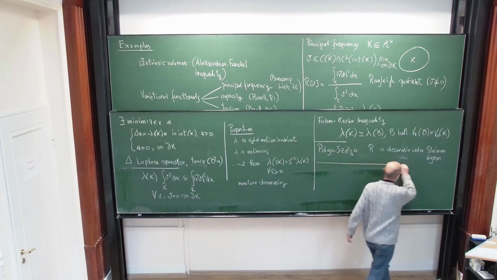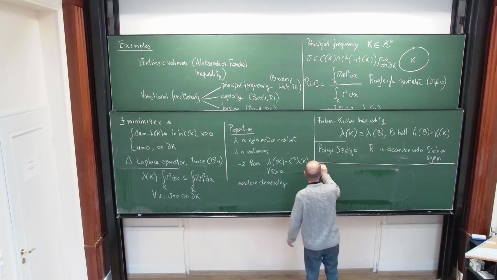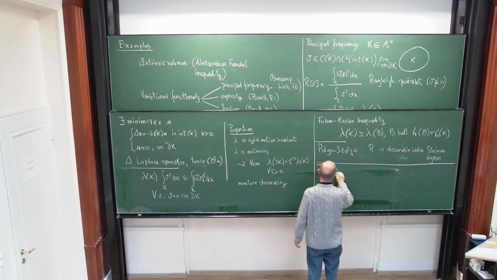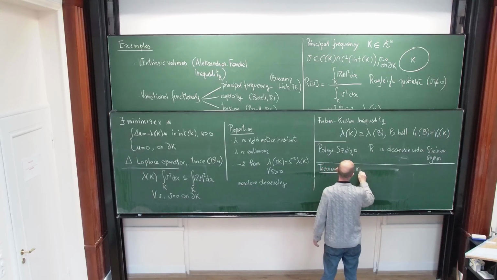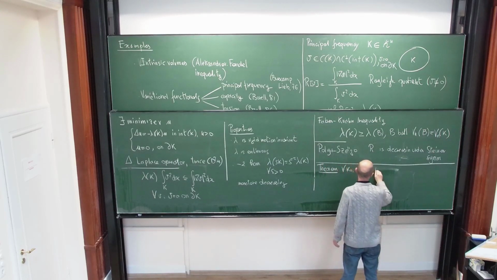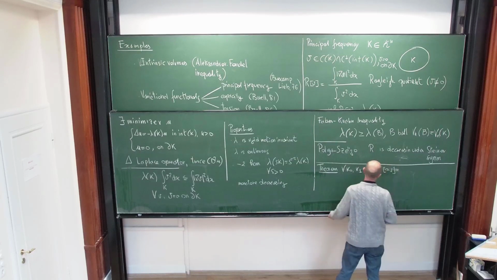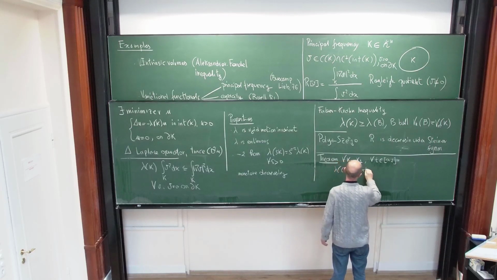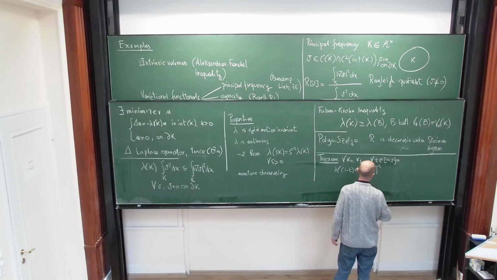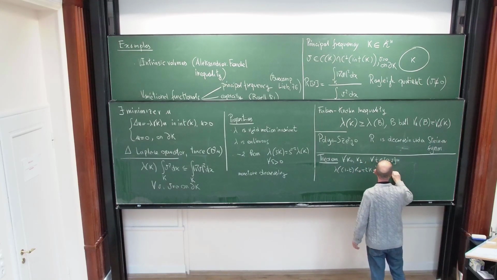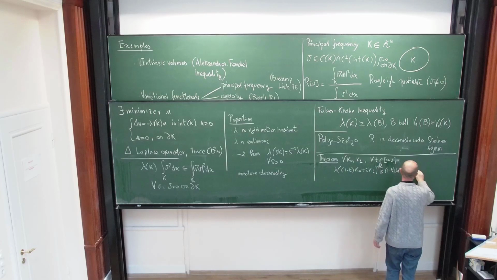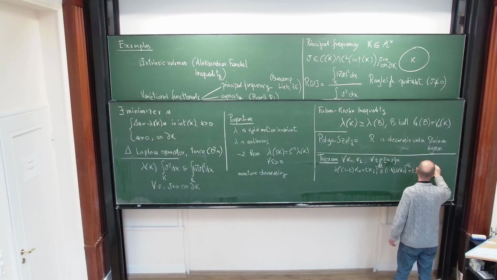Now, the theorem I was referring to, the Brunn-Minkowski inequality for lambda, says that for every K0 and K1, and for every t between 0 and 1, lambda of ((1-t)K0 + tK1) to the power -1/2 is bigger than (1-t) lambda of K0 to the power -1/2 plus t lambda of K1 to the power -1/2.